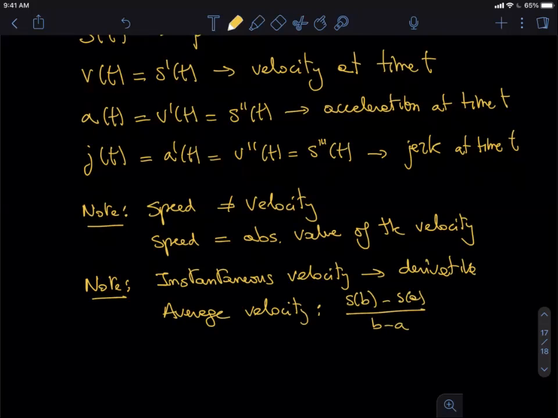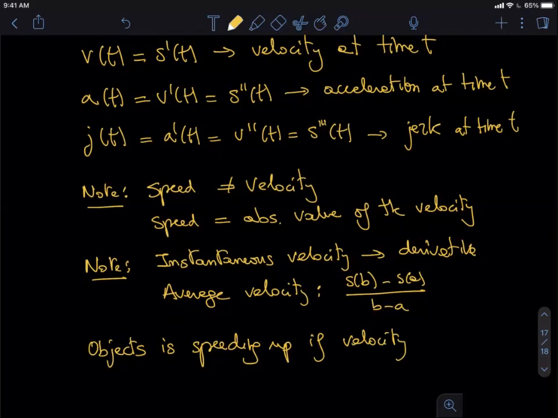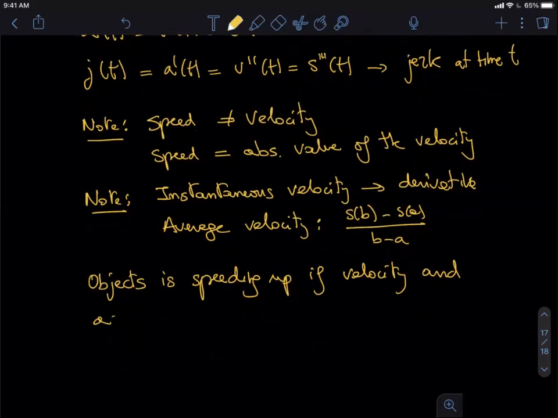Now, we will be concerned about when objects are speeding up or slowing down. So an object is speeding up if velocity and acceleration have the same sign.